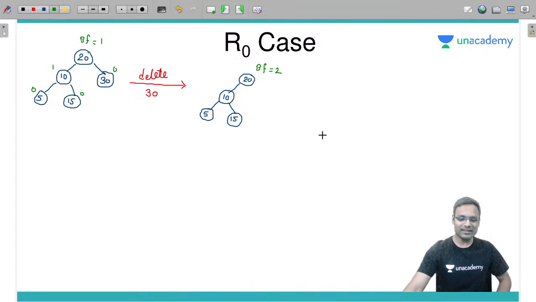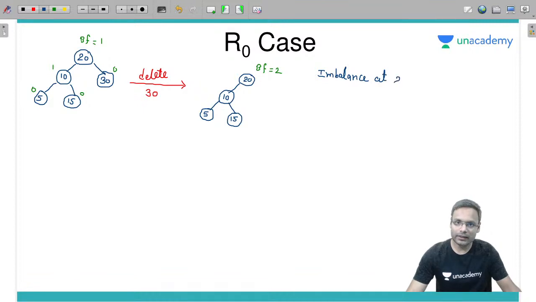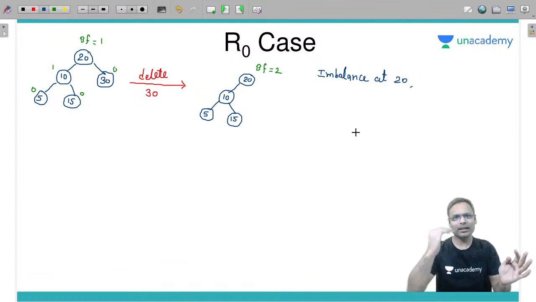Do we have imbalance? Yes. If we have imbalance, on which node we have imbalance? किस particular node पे imbalance आया? Imbalance at 20. अगर imbalance आया 20 पे, तो ये बताएं कि 20 के किस तरफ डिलीशन किया है, लेफ्ट में कि राइट में?